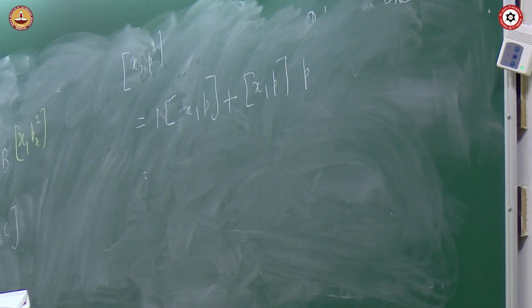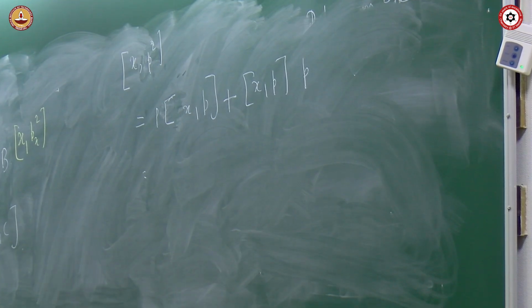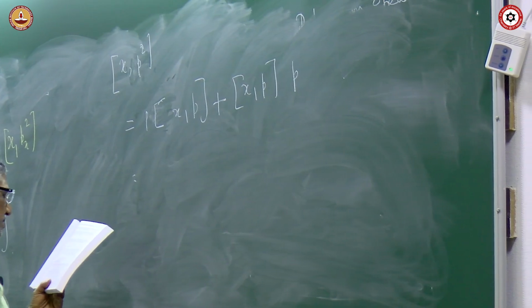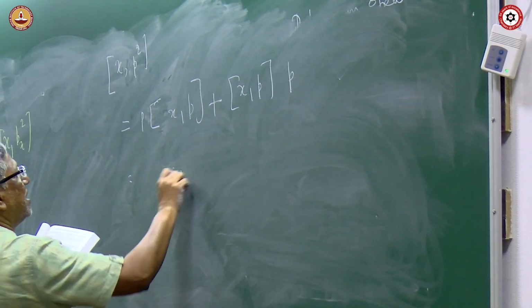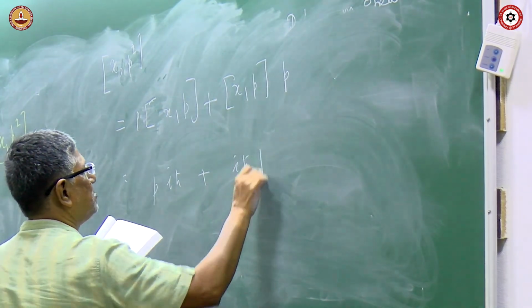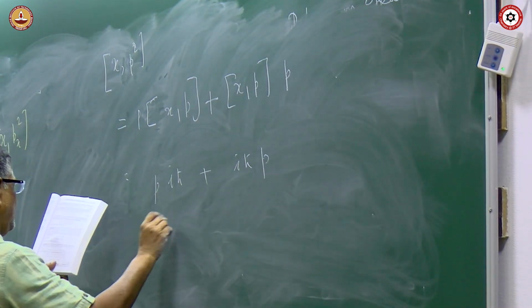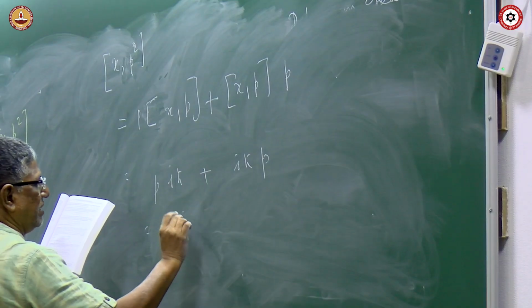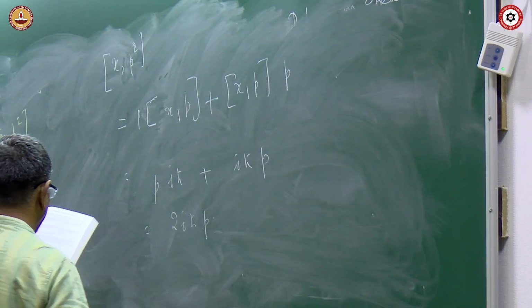What is [x, p]? This is iħ times p, and this is iħ times p, therefore it is 2iħ p.